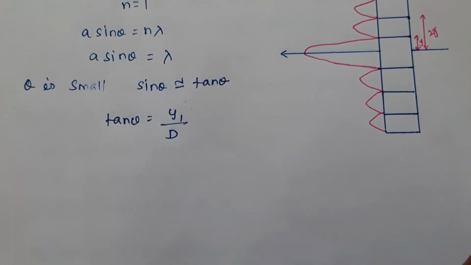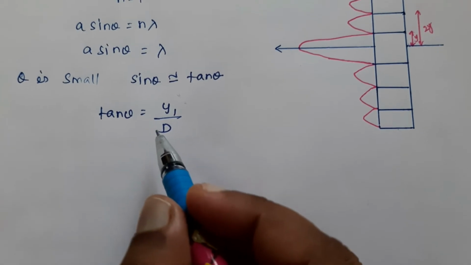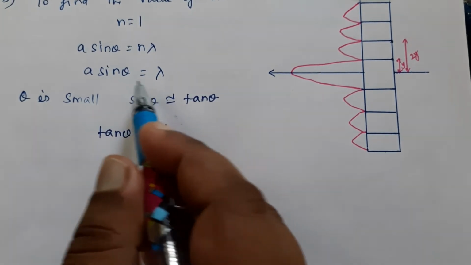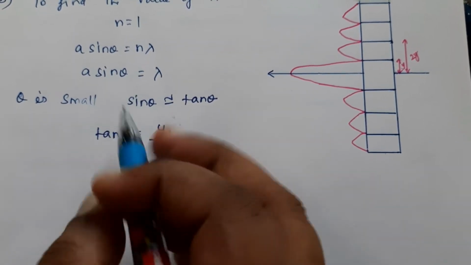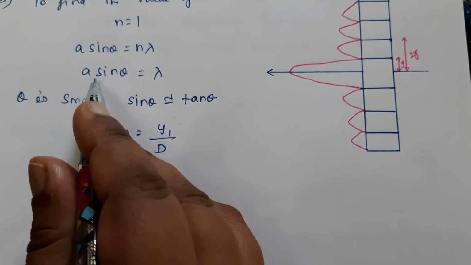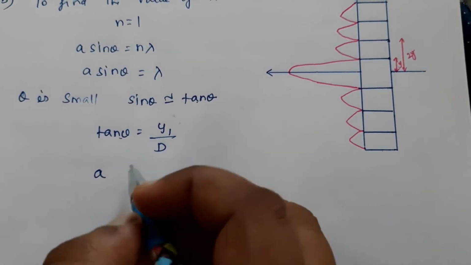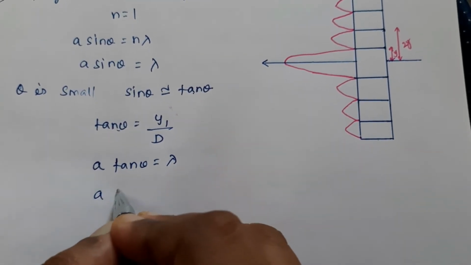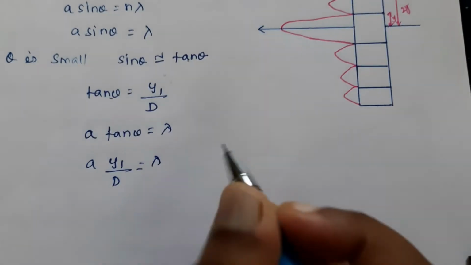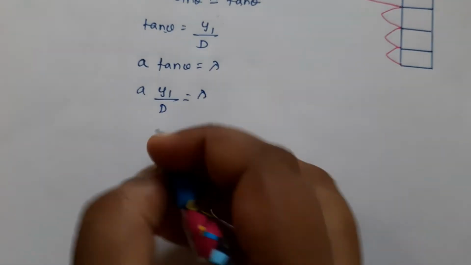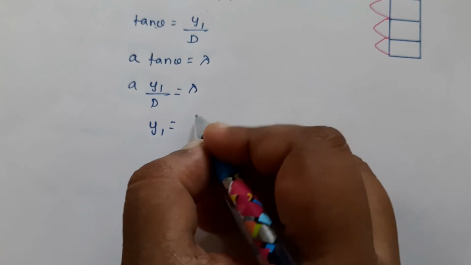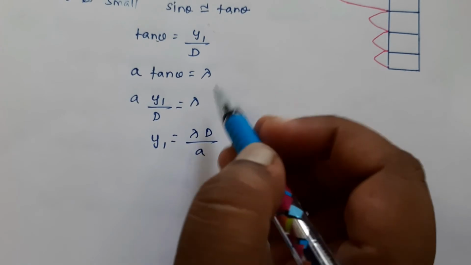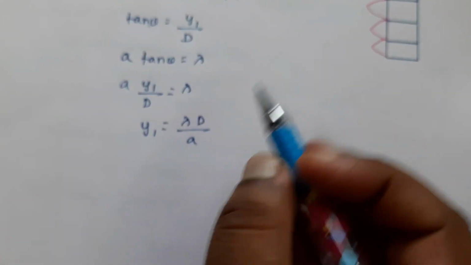Then a y1 by d is equal to lambda. So we have to find y1: y1 is equal to lambda d by a.